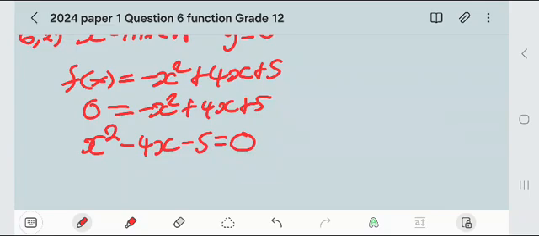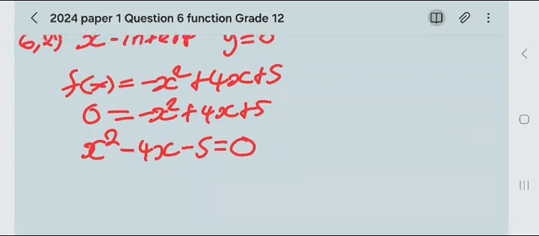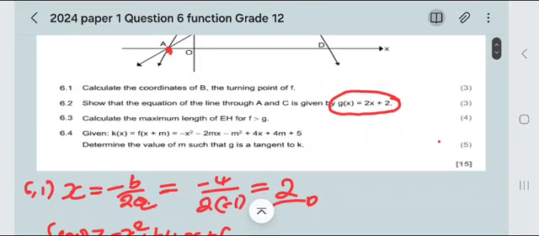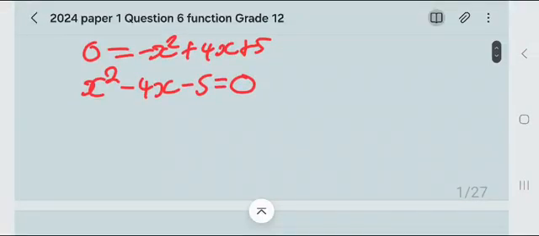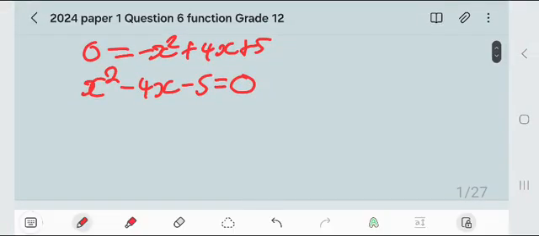I'm transposing here. It's our standard form there, as you can see, from minus x squared plus 4x plus 5. Then factorize: x multiplied by x. I want to find minus 5.